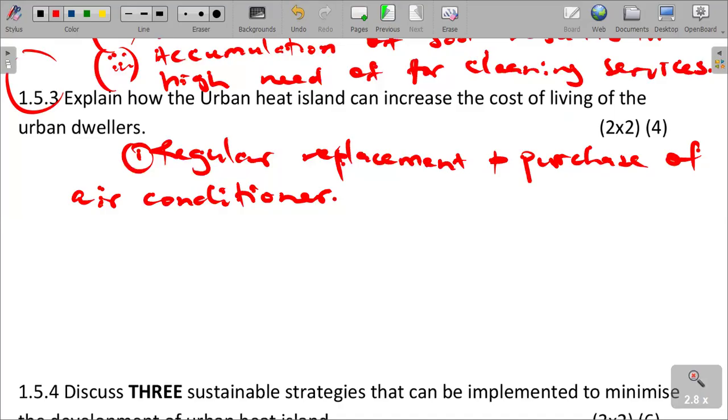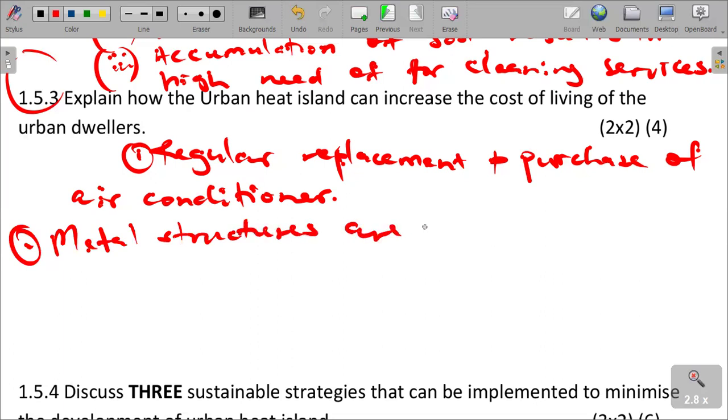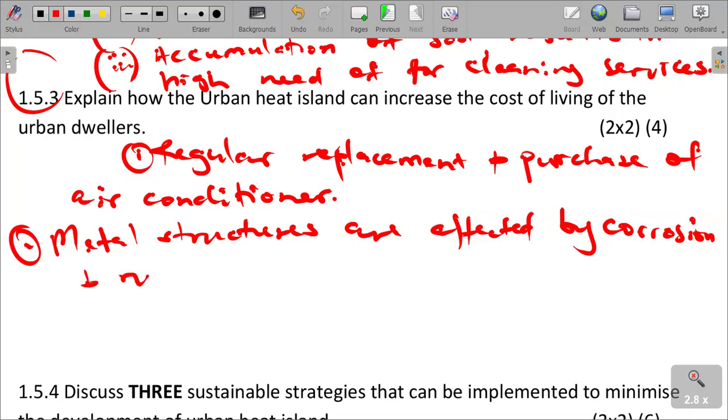They also need to be renovated because they are affected by corrosion and rust.